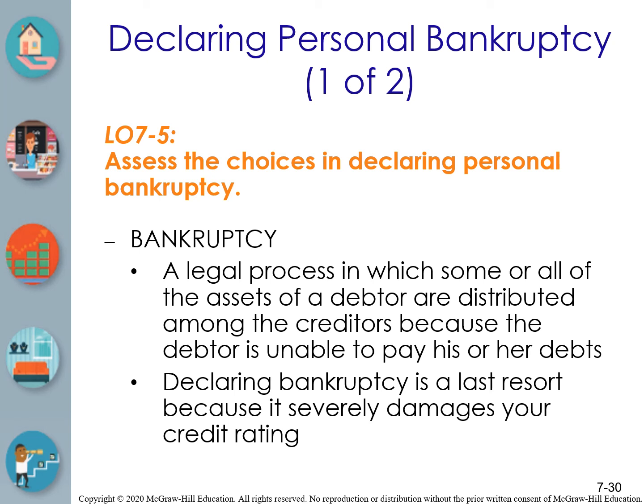Someone steps in, a legal authority, the judge, if you will, bankruptcy court, etc., where they determine what your assets are and what is your ability to repay the debts that you have. So someone has to step in and do this. So declaring bankruptcy is a last resort because it severely damages your credit rating. 7 years, and probably more, I think, but we'll get into the actual details.